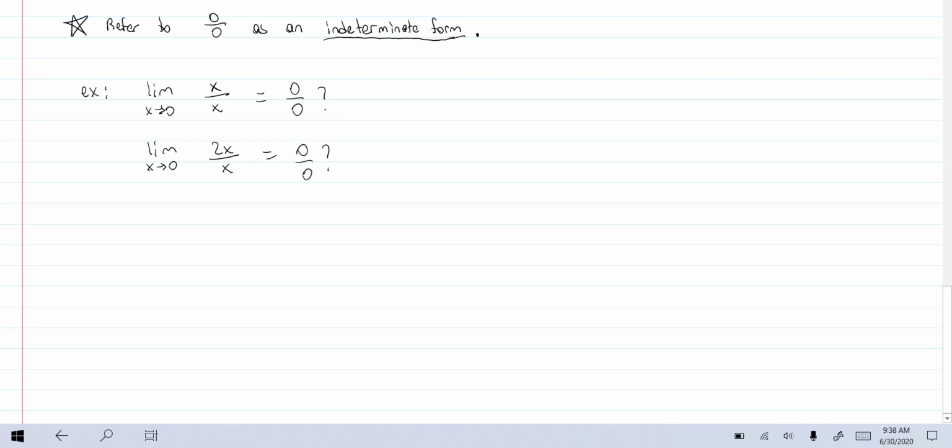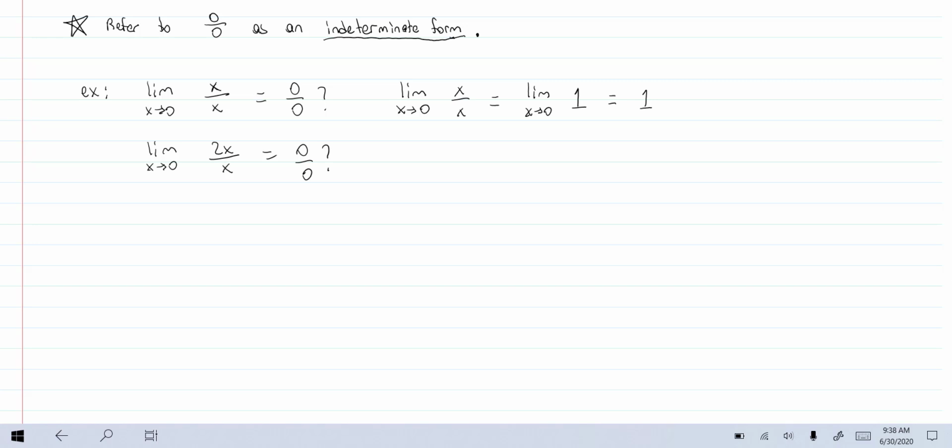Okay. But of course, if you have x over x, we know that we can simplify that and just cancel out the x's. That would just leave us with the number 1. And 1 is just a constant, so it doesn't really matter what x is approaching.